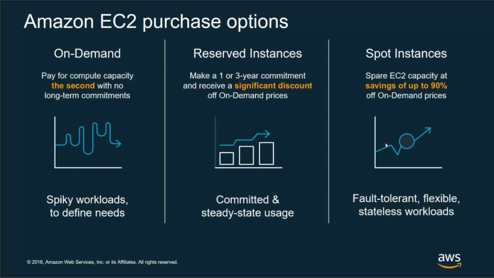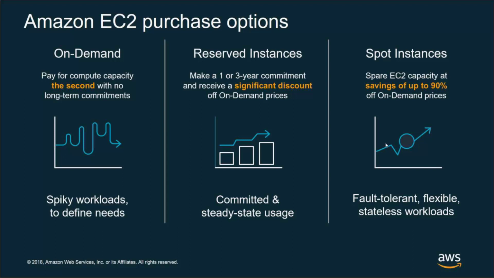So EC2 has several purchase options. The first one, where most customers start, is on demand, where you pay by the second, and this is where customers start to define their needs, or when they have spiky workloads. Most customers will be using this default purchase option of on demand.